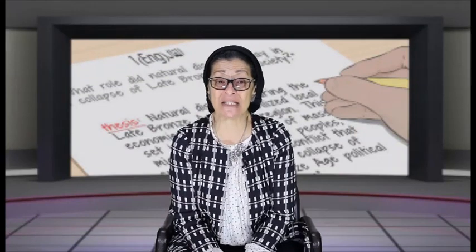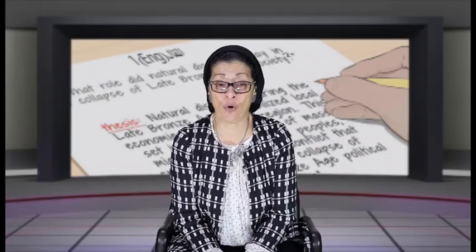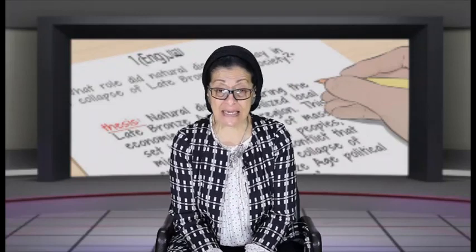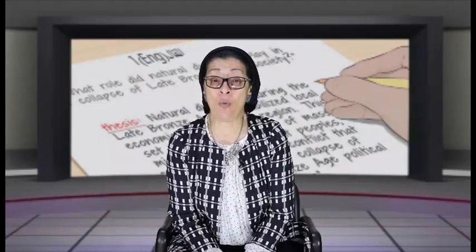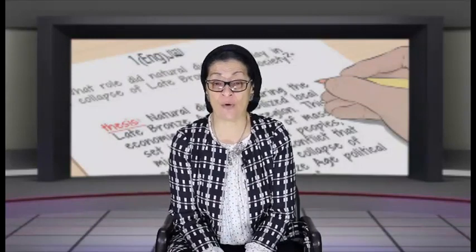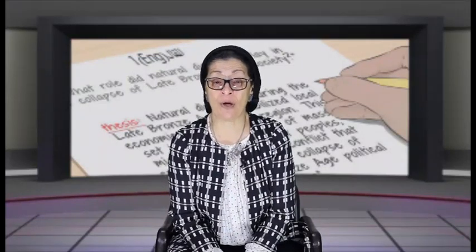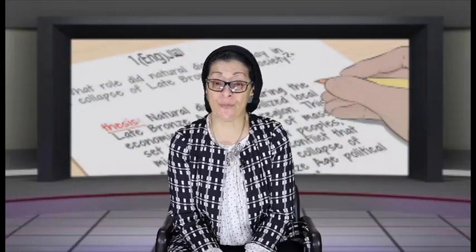How many sentences do you have in this paragraph? 1, 2, 3, 4, 5, 6. You have 6 sentences. Now, one of them is very long and one of them is very short.